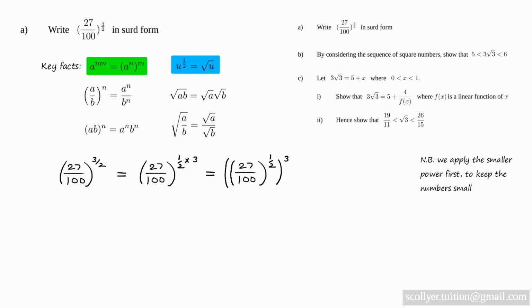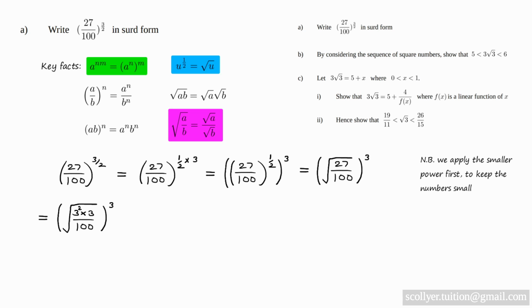Now we use the fact that u to the power of 1/2 equals the square root of u to produce the square root of 27/100 cubed. And now we factor 27 into 3 squared times 3. We apply the fact that the square root of a over b equals the square root of a over the square root of b to produce the square root of 3 squared times 3 over the square root of 100, all cubed.